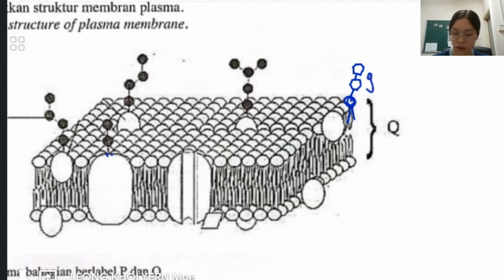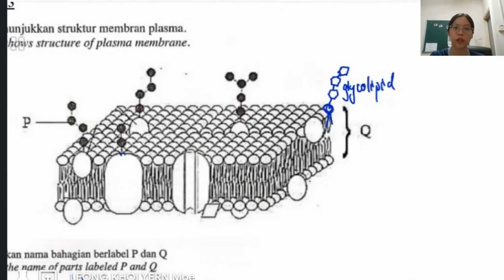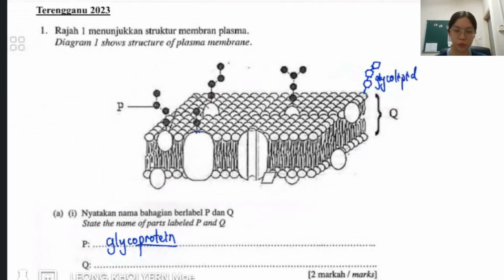If it is attached to it, this one is actually the glycolipid. That's the difference between them. You have to see which one it is attached to. If it is attached to a protein, it is a glycoprotein. If it is attached to a polar head, it is a glycolipid.